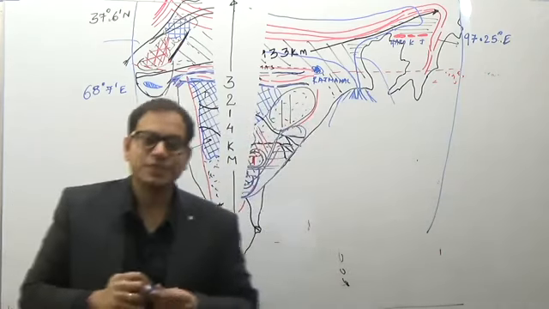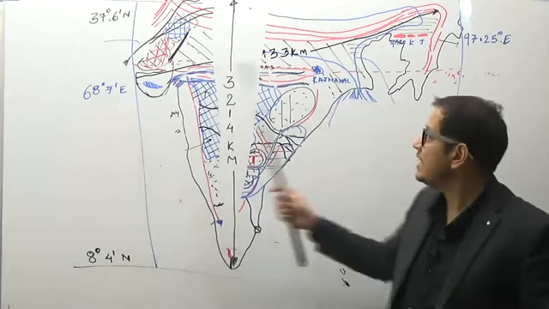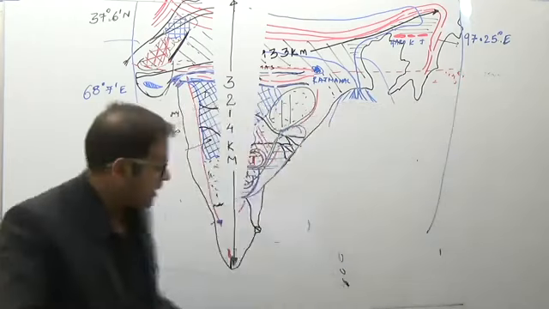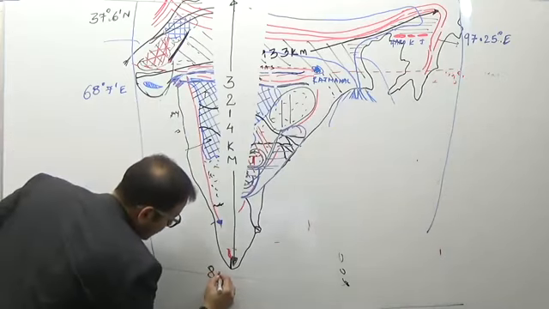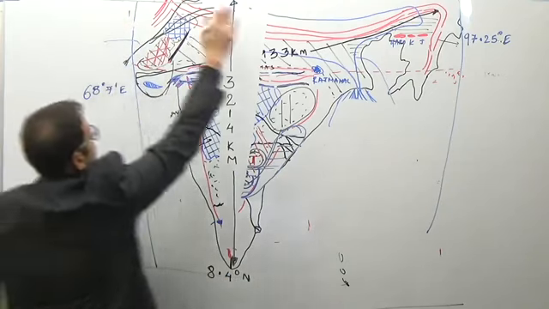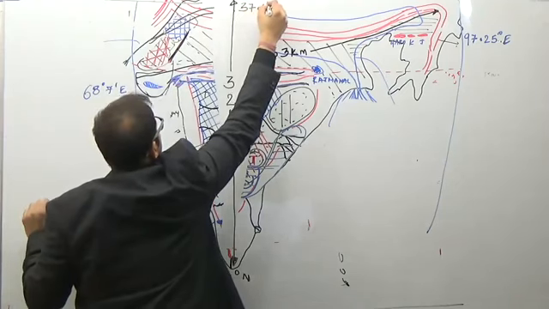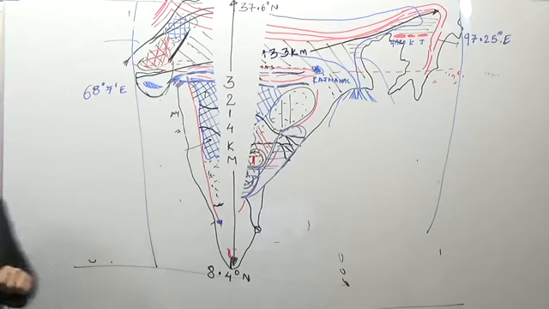I hope it is visible to you. So it lies from 68.7 degrees east to around 97.25 degrees east, while the north-south extent of India is between 8.4 degrees north to around 37.6 degrees north, for a distance of 3214 kilometers.